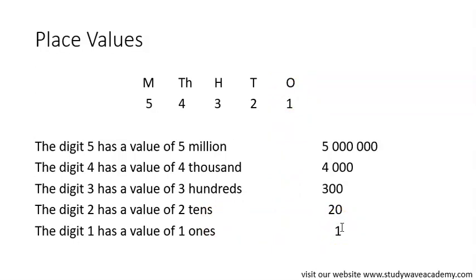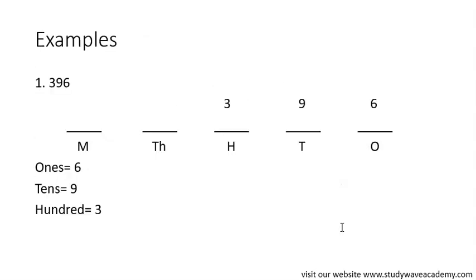So now we are going to be looking at a few examples. Here we have 396. We have to place this number according to its worth. The 6 represents the ones, 9 represents the tens, and 3 represents 100.